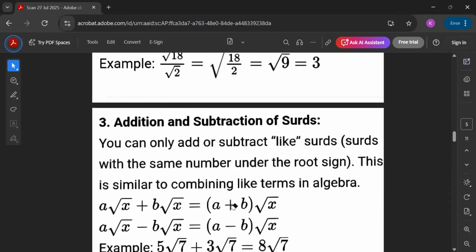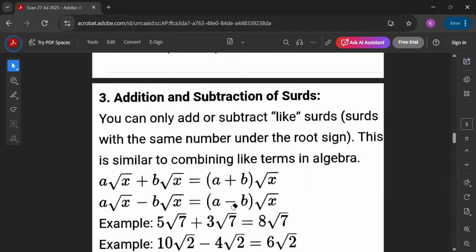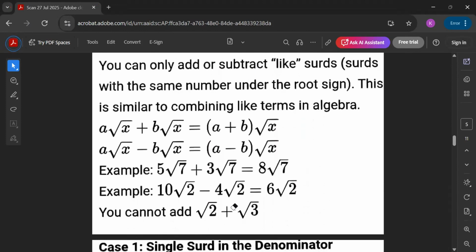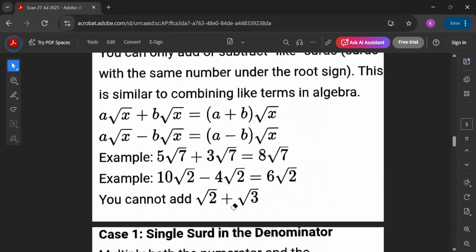Next thing, addition and subtraction. We are going to move on to the examples, like over here, the first example, which is for addition. 5 root 7 plus 3 root 7. If you remember the way we do factorization, taking common, we take the like term common.